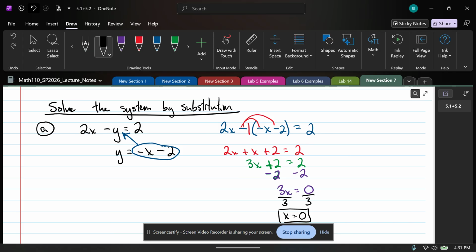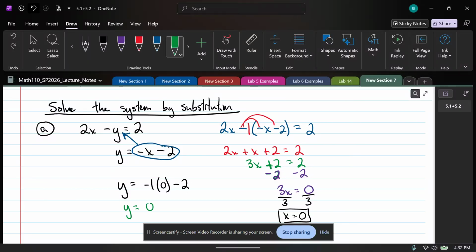To find my y value, I can take that x value and go back into either one of these equations. It doesn't matter which one. You pick the one you like the best. I'm going to go to this one right here that has y by itself already and plug in 0 for x. So that's going to be y equals negative 1 times 0 minus 2.